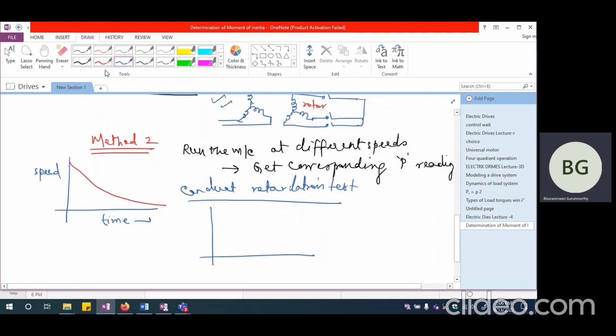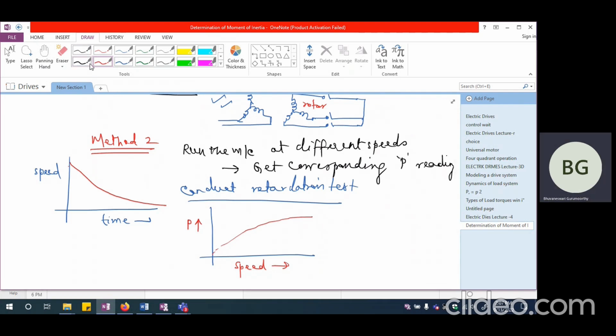So that also you are going to plot. So this is going to be speed, and you are going to plot the losses with respect to speed. So maybe it will be a certain value like this, and then it is going to increase like this. Maybe it will saturate at a particular value. So this is the kind of reading you are getting for power versus speed.